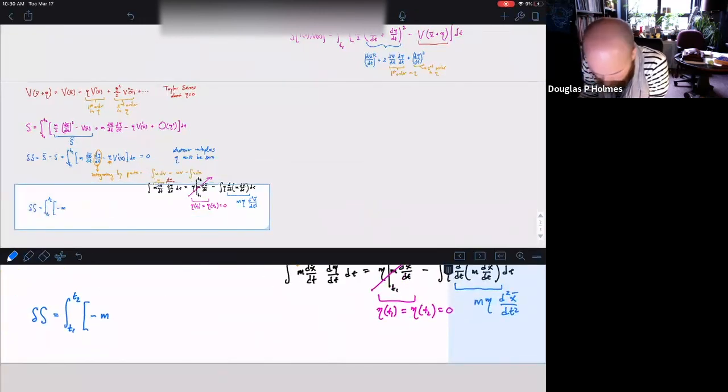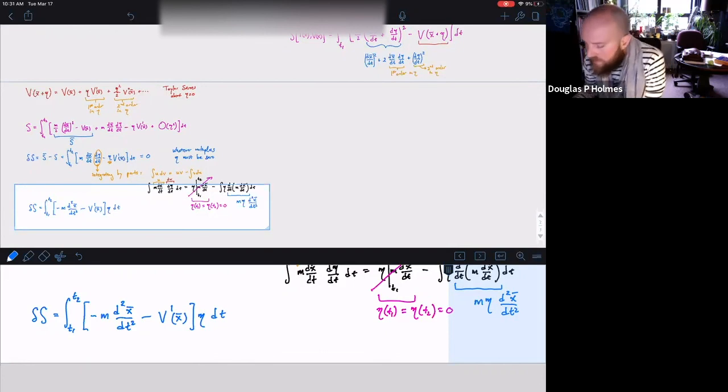And so I have m times the second derivative of x bar with respect to t, minus v prime of x bar, and I factored out eta, and that needs to be equal to 0.